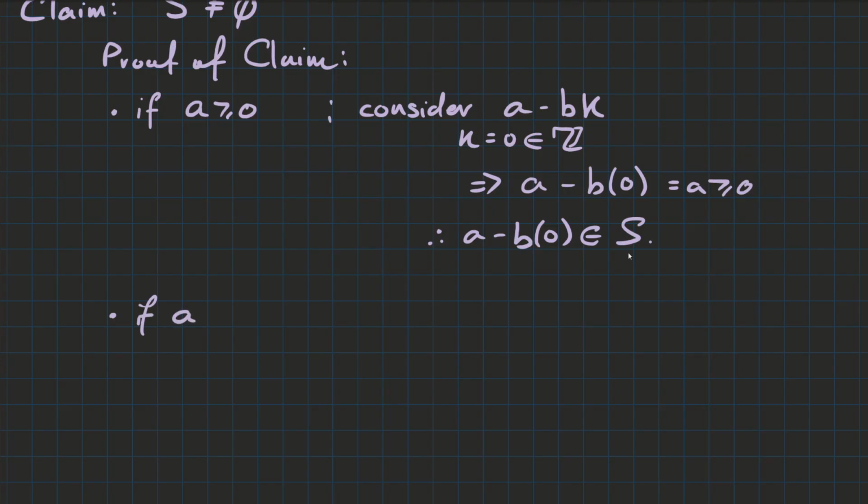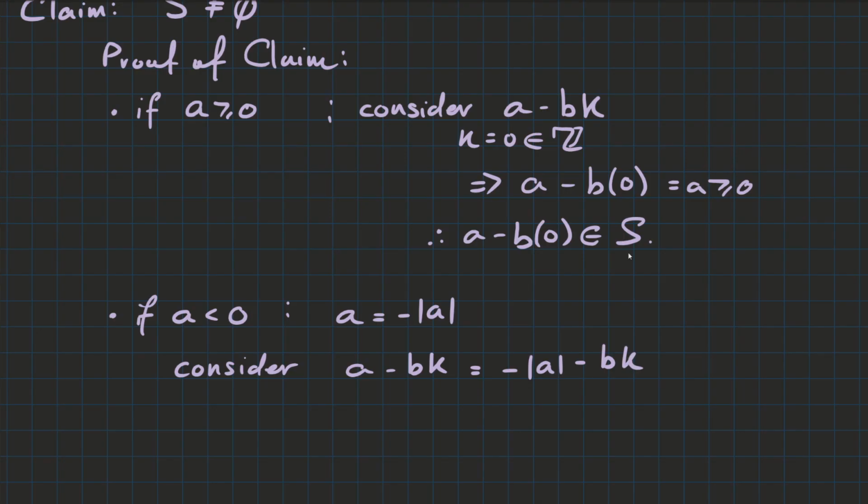If A is less than 0, if A is negative, then I'll just write A as negative absolute value of A. Hopefully you agree with me here. Again, we consider A minus BK, and that's going to be negative absolute value of A minus BK.